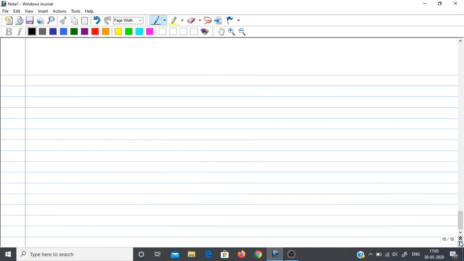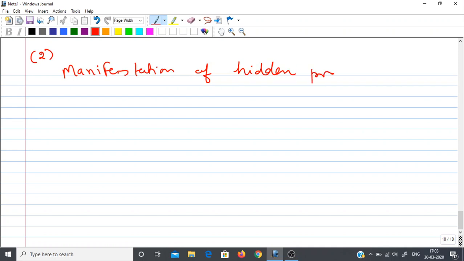The second reason of using transform is the following. Second reason is manifestation of hidden properties of the signal. This is another important reason.